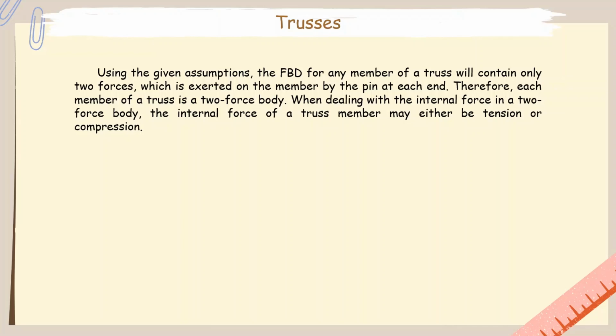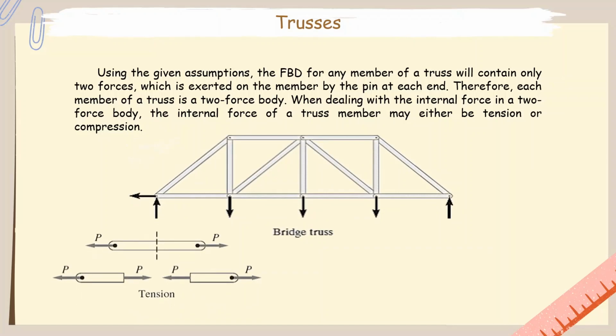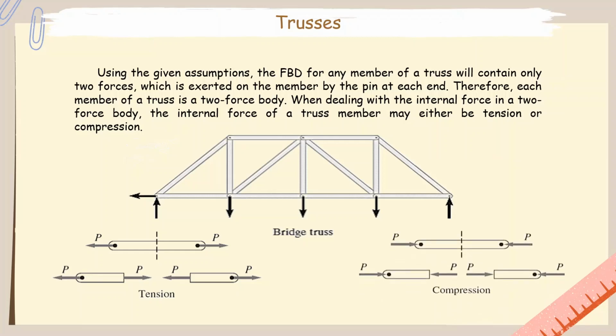When dealing with the internal force in a two-force body, the internal force of a truss member might either be tension or compression. So, dalawa lang yan. Okay? Pwede tension ang force ng member or compression.